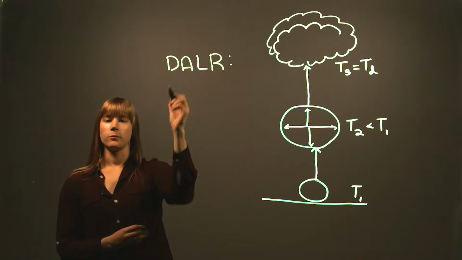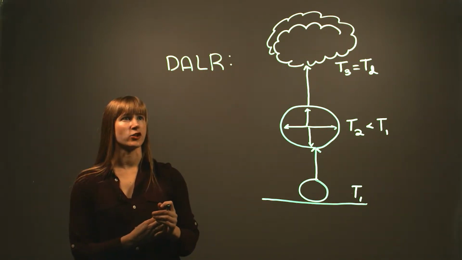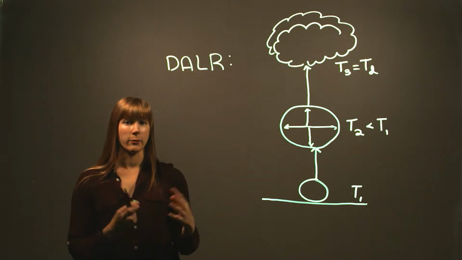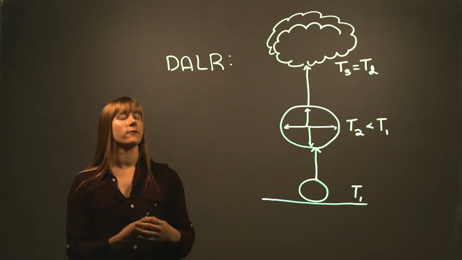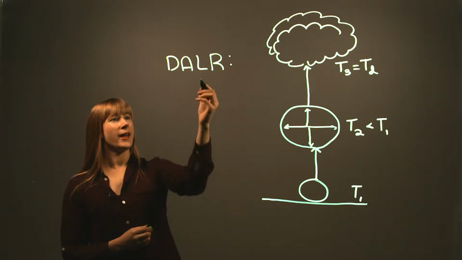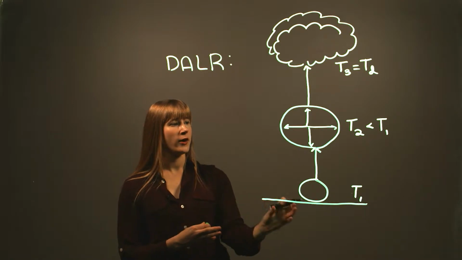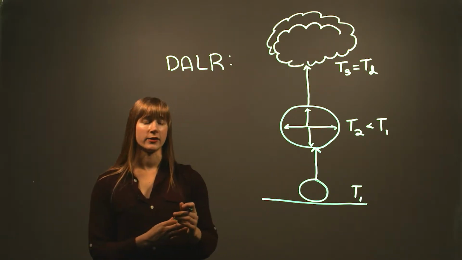So dry means that the air parcel is unsaturated. Adiabatic means that this air parcel is like a balloon. It's closed off from its environment. And a lapse rate describes how the temperature decreases with height.